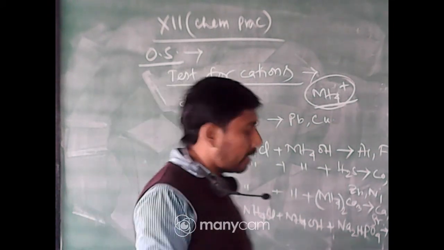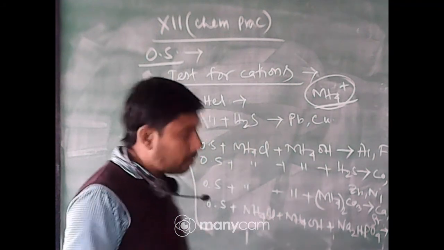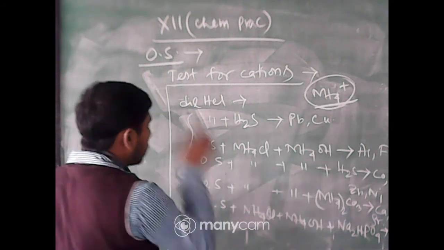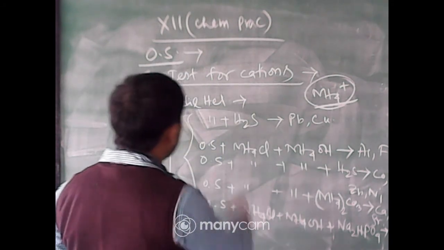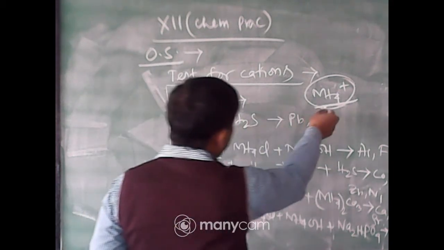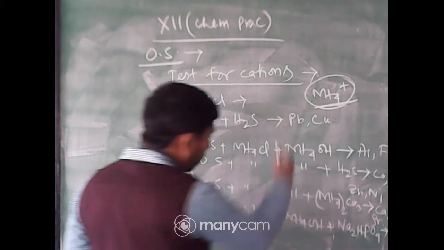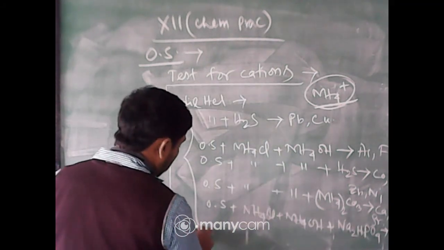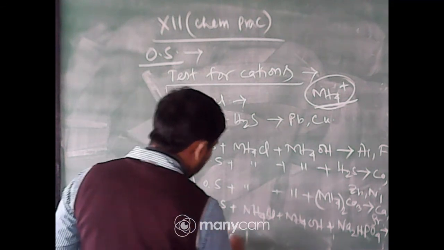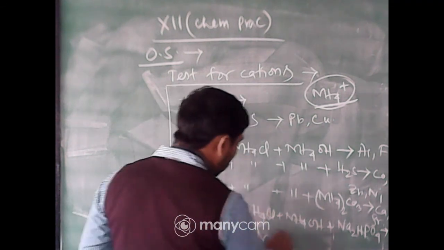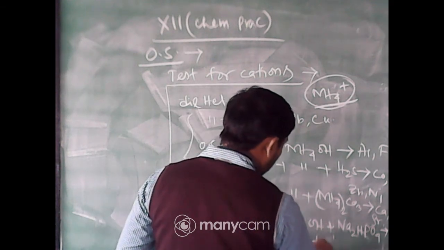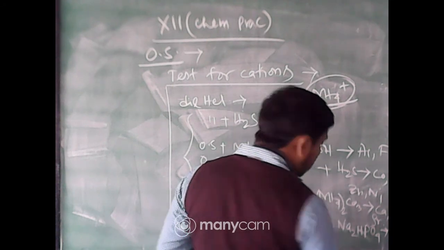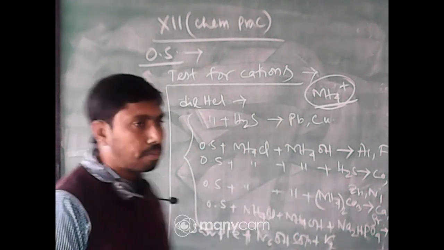So, when you write in the experiment, observation, inference, in the continuation section, you will write dilute HCl, no PPT, group 1 absent, and so on up to the last, group 6 absent. After that, you will write sample plus NaOH solution plus Nessler reagent, a brown color PPT formed.